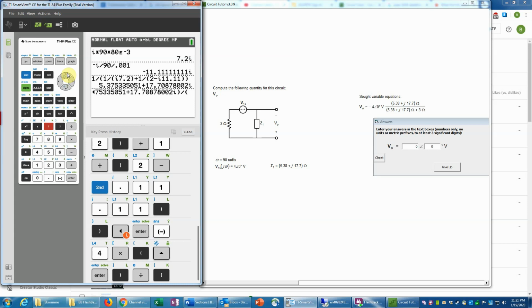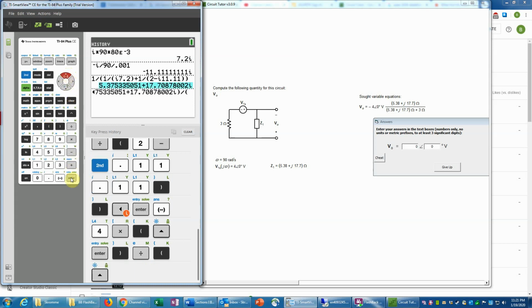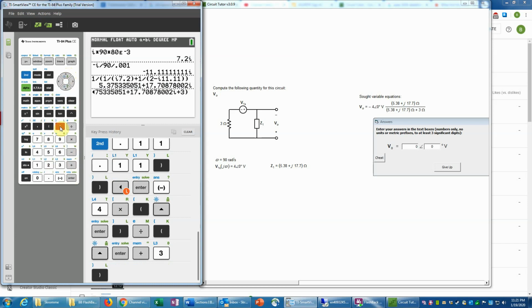And I want to go back up and grab that number again. And then that number has to be added to 3, so I'll put +3. Close the parenthesis for the denominator. And I'll just review to make sure that everything looks correct there before I click Enter. And I believe it is. So now we'll just click Enter.